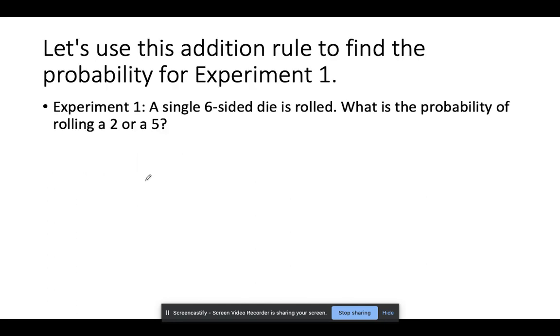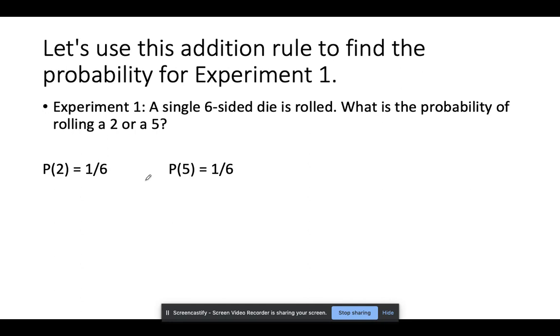So if we go back to our dice problem, we're going to roll a single six-sided die and answer the question, what is the probability of rolling a 2 or a 5? From yesterday's lesson, you were finding simple probabilities. The probability of rolling a 2 is 1/6 because there are 6 sides and there's one 2. The probability of rolling a 5 is 1/6 because there's one 5 out of a total of 6.